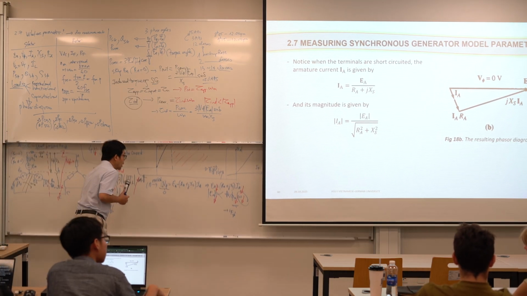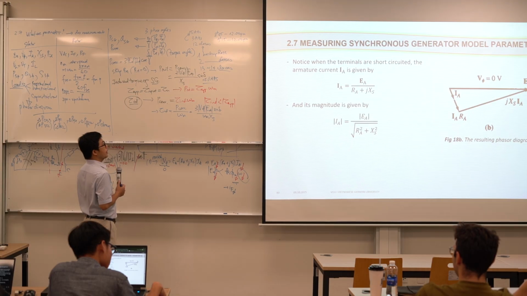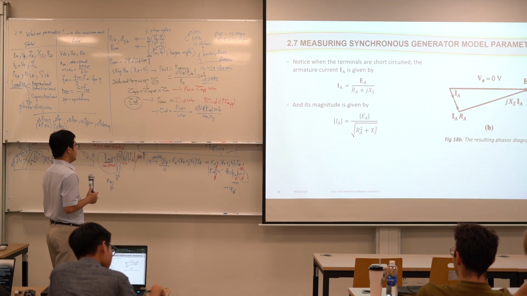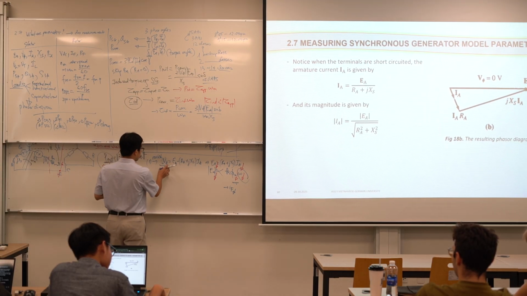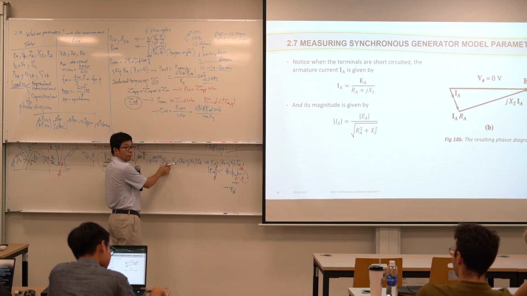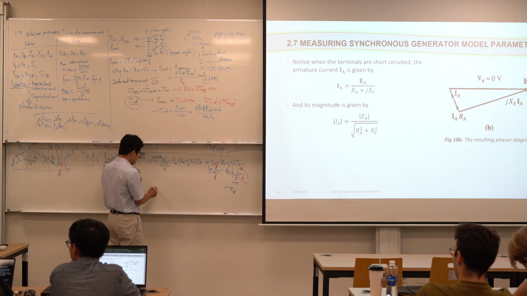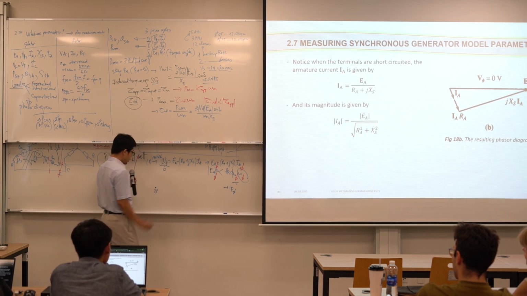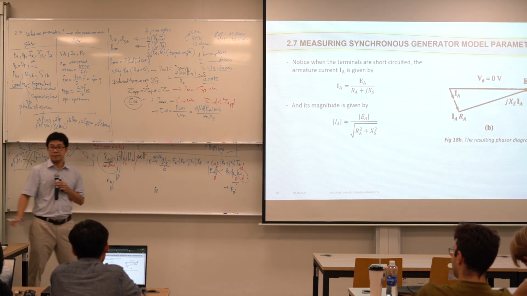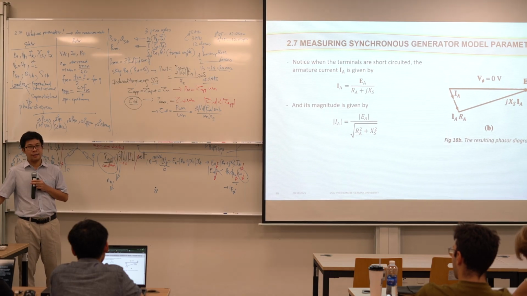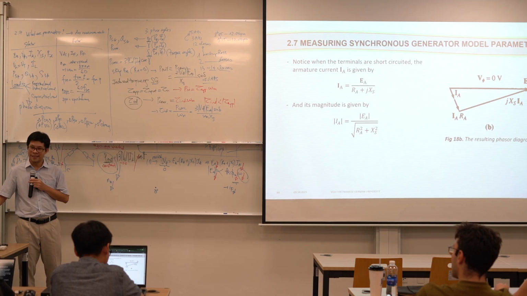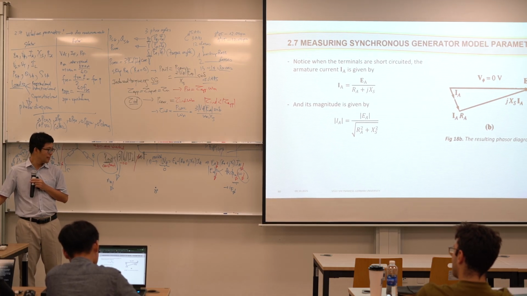Now V phase is 0. V phase is 0, that means zero vector. Do you know zero vectors? Zero vector is different from zero point. Do you agree with me? Yes, of course.